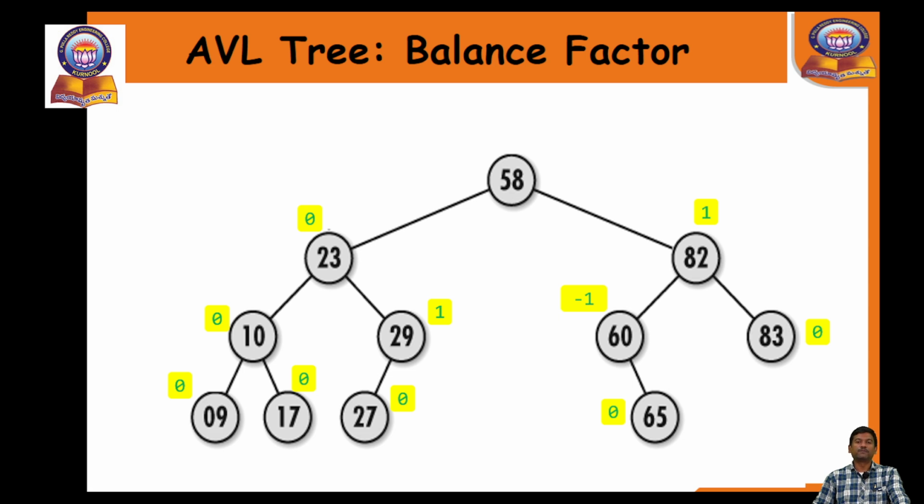So for node 58, the height of the left subtree is 3. And what about the right subtree? Go to the leftmost node, that is 82, 60, and 65. So 3. So 3 minus 3 will be equal to 0. So this is how we can identify the balance factor of an AVL tree.